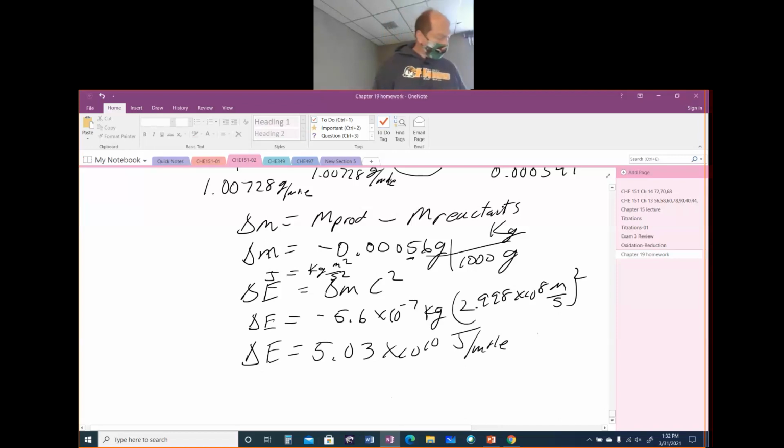All right, so then it wants you to calculate, let's see. Give the energy change in MeV per nucleus. So now we have to convert joules to MeV.